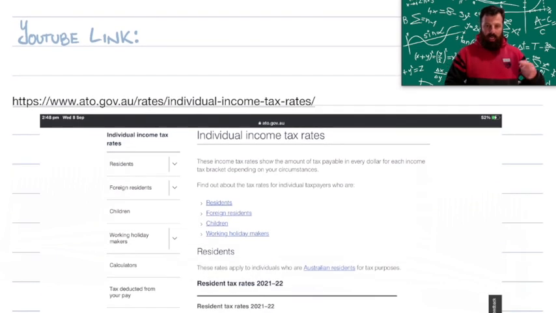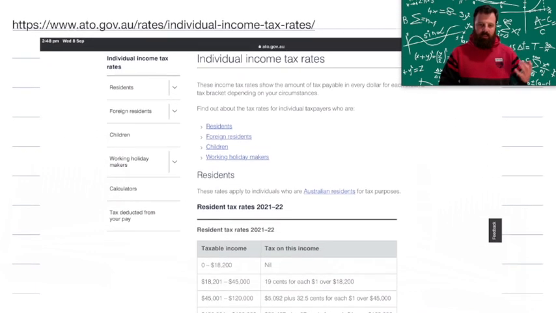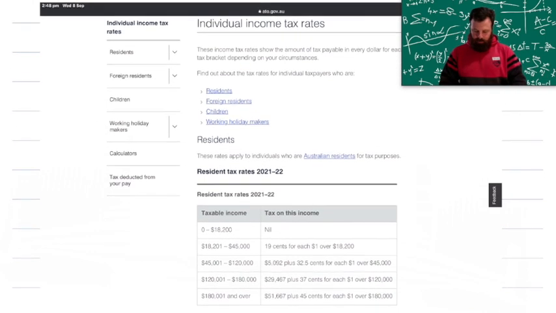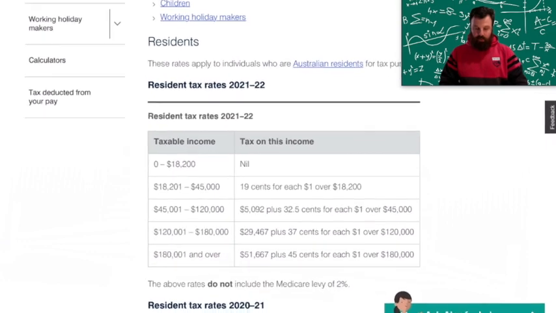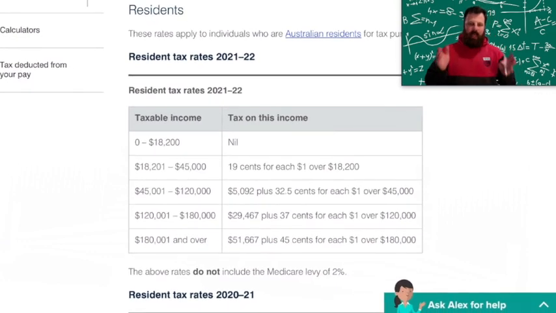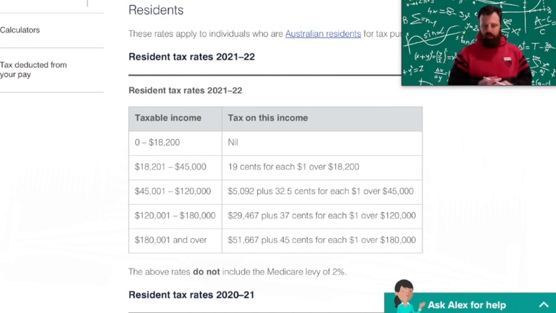So again, you can follow a link there to the Australian Tax Office website. And on their website, they have these tables. These tables here are called the resident tax rates, and that's for this financial year, going from July 21 to June 2022.